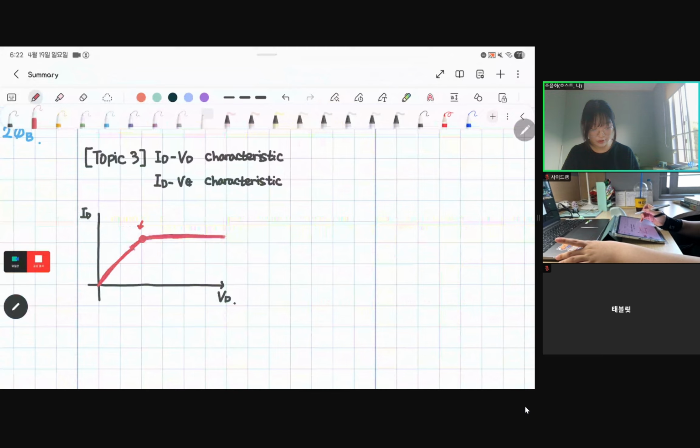So that saturation point exists. We can draw the ID-VD characteristic like this, and when the gate voltage goes higher, we can draw the ID-VD characteristic like this. When the gate voltage goes down, the ID-VD characteristic is drawn like this.